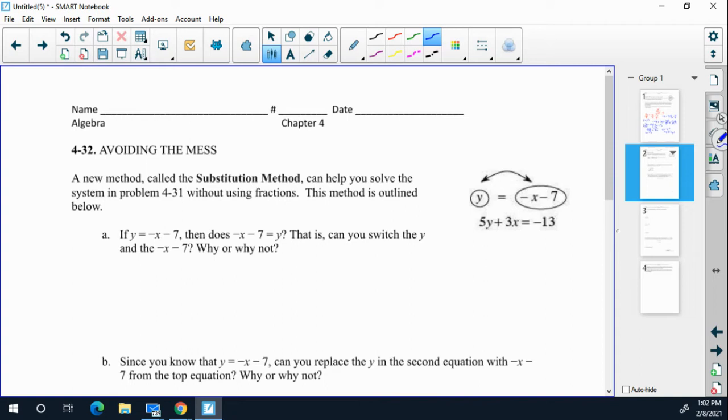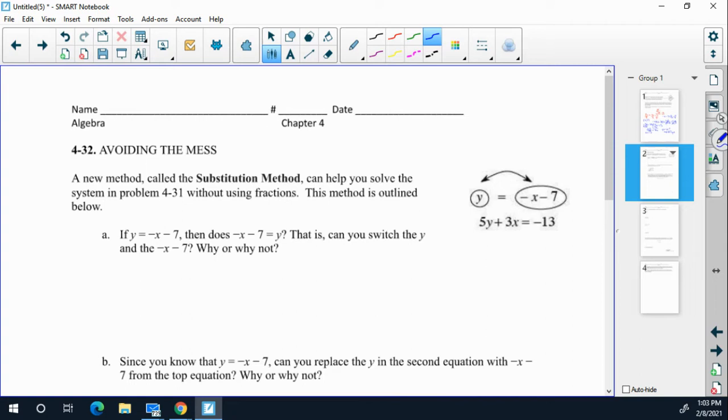So wherever we saw the y in the second problem, we put in negative x minus 7, right? That's what we did. So we said if y equals negative x minus 7, then does negative x minus 7 equal y? Do they equal? Yeah, it's the same. It's common sense, right?